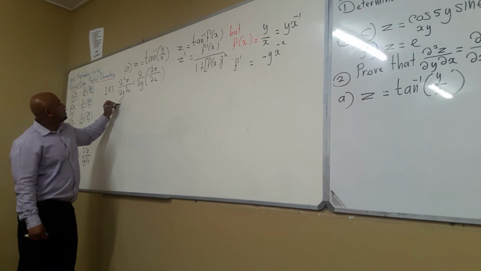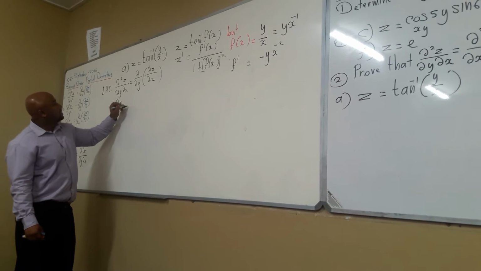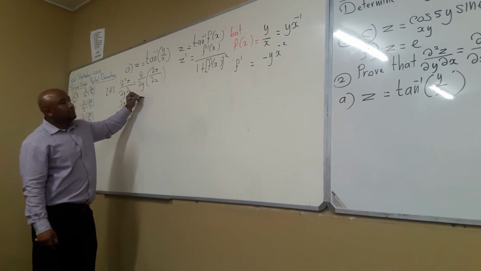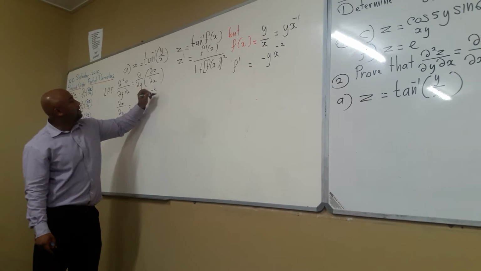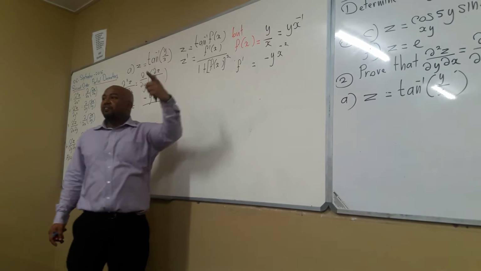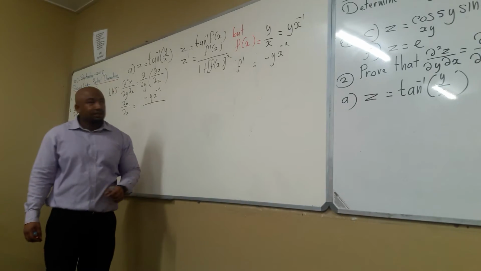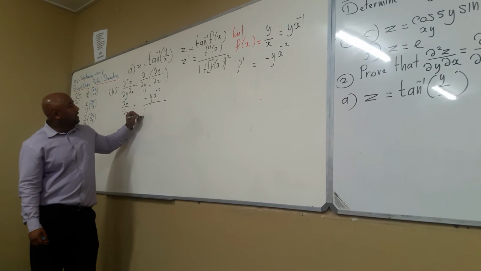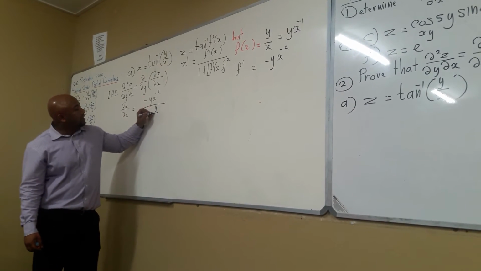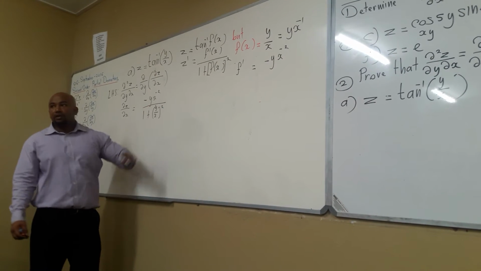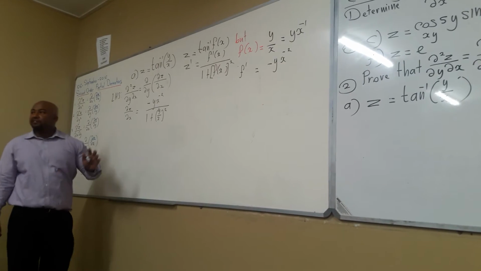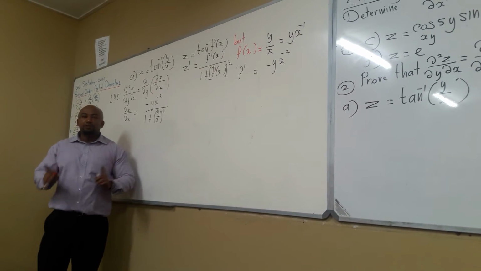Okay, so now dz dx. So the formula is f prime x, which we just worked out now, minus y x to the power minus 2. Here's my f prime x, but it's actually f prime y. All divided by 1 plus, what is f of x? F of x is y over x all squared. Now, simplify as far as possible, otherwise you won't be able to prove this.